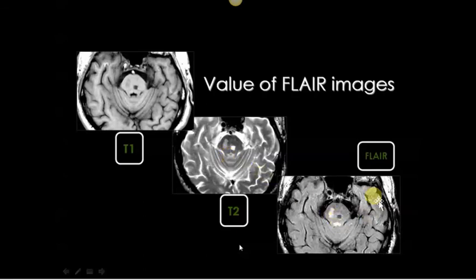So we do the FLAIR image. In the FLAIR image it is easy to distinguish: the old infarction becomes black and the recent infarction becomes white.